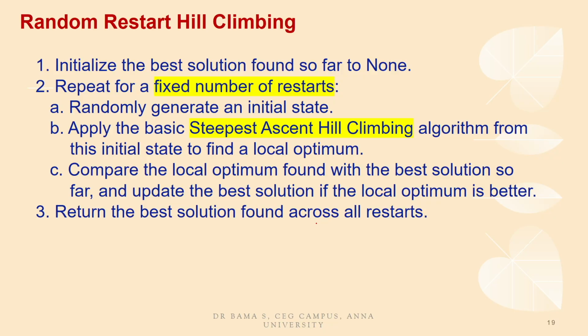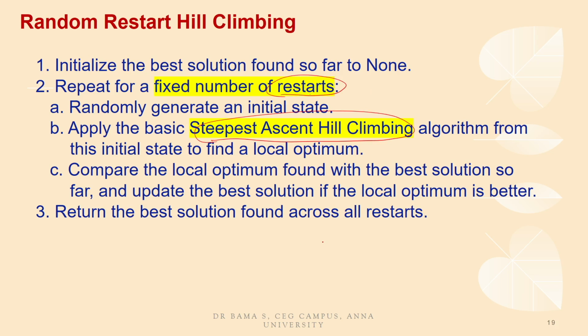In the third method, the random restart hill climbing, instead of one process, we are going to have a number of restarts, a number of starting points, and we use the steepest ascent each time for the hill climbing method.